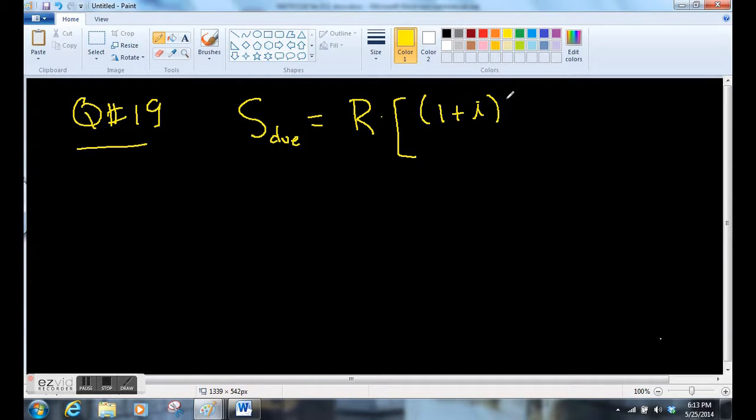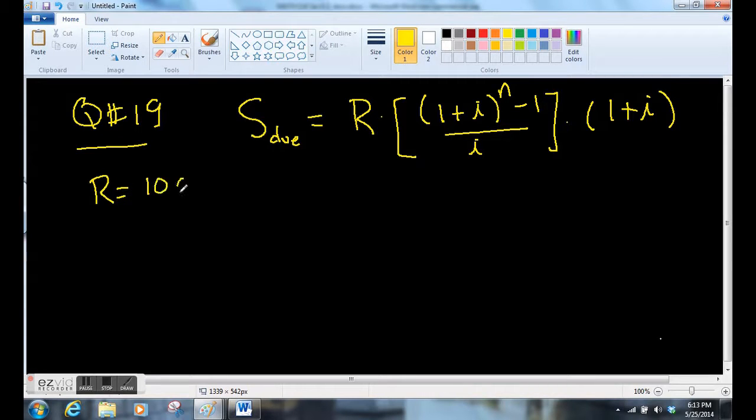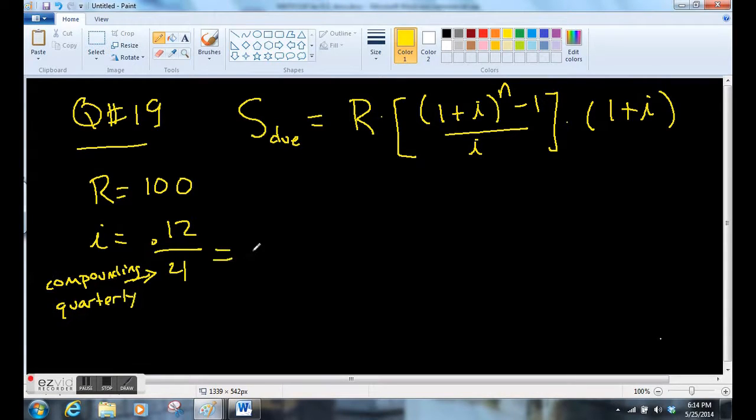I is the interest rate per period, N is the number of periods, and we multiply by 1 plus I. So here's what we have. R, we're putting in $100 at the beginning. I is equal to the annual interest rate divided by 4 because we're compounding quarterly. The problem said that. Compounding quarterly means 4 times a year, every 3 months.